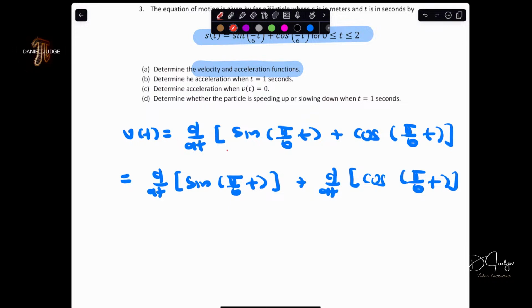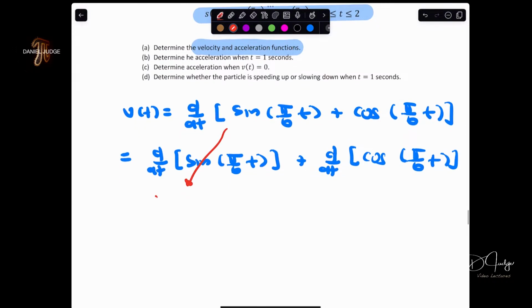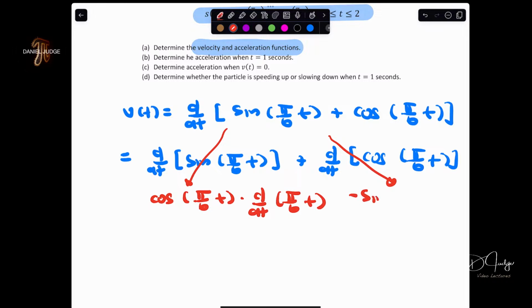So the derivative of sine is what? Cosine pi over 6t. Don't forget the chain rule. Derivative of cosine will be minus sine pi over 6t, and then don't forget that chain too, times the derivative with respect to t of pi over 6t.